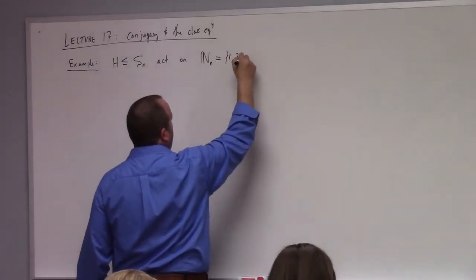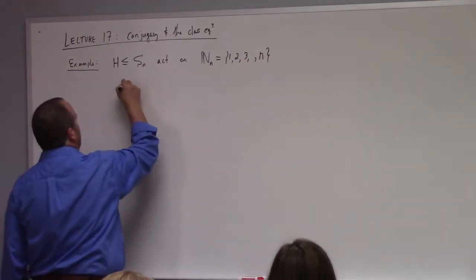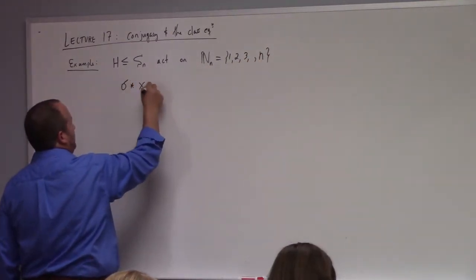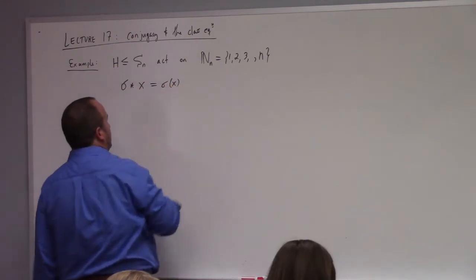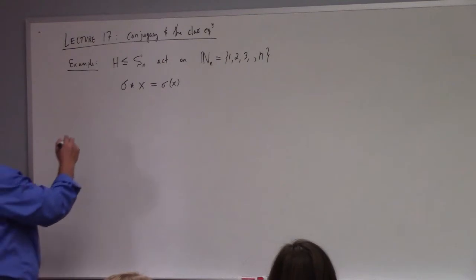How do we do it? We just said sigma acting on x was equal to sigma of x, and that was one of my first examples, right? So I think it's actually instructive to look at this for a specific subgroup and maybe a specific choice of n.